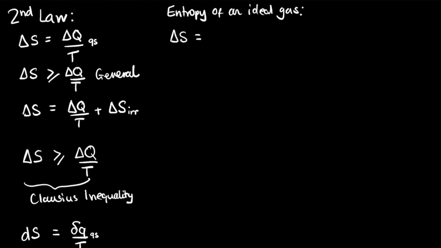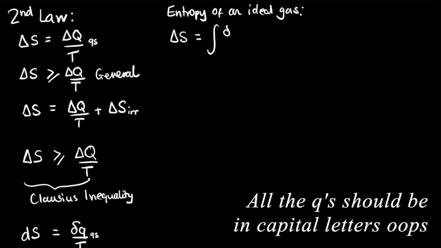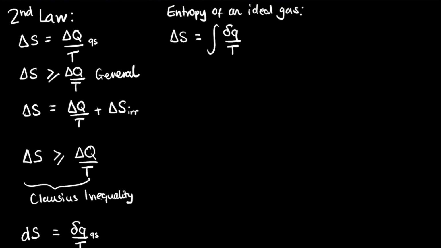Delta S is, as our first step, the integral of dQ divided by T. But we showed earlier from the first law of thermodynamics that dQ equals dU minus dW. So this is what we're going to get for dQ.